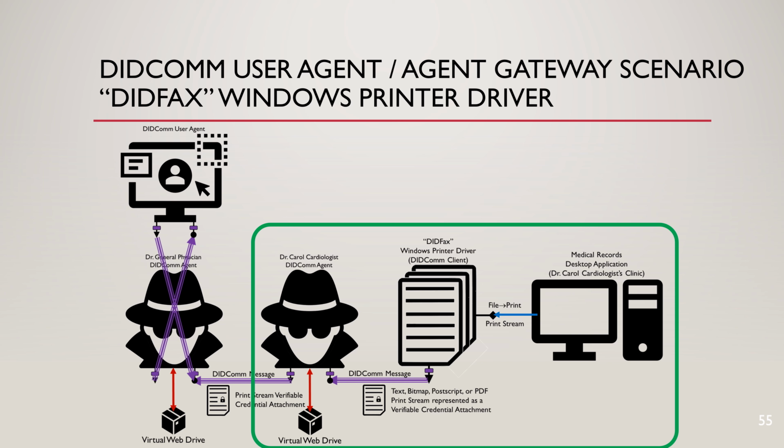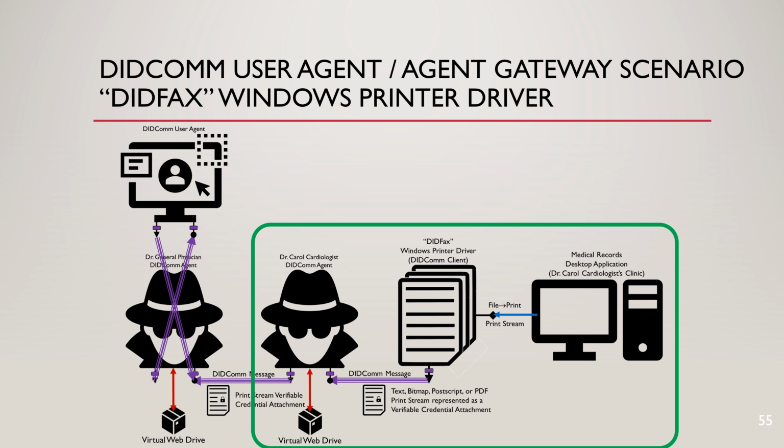Yesterday, or in part 1, we introduced this scenario. It was actually a DIDComm agent gateway scenario where Dr. Carol Cardiologist's clinic, on the right-hand side here, has a line of business application for medical records.